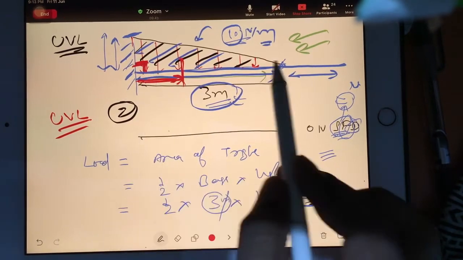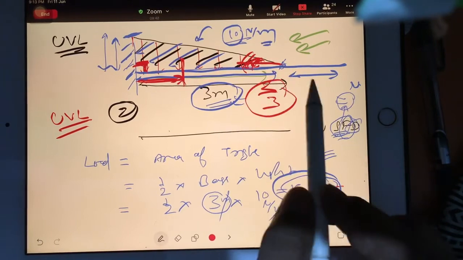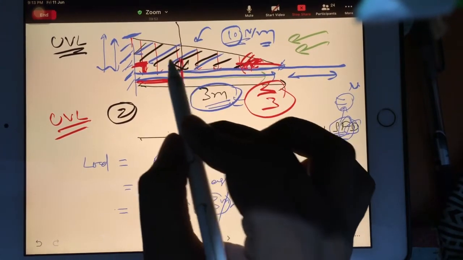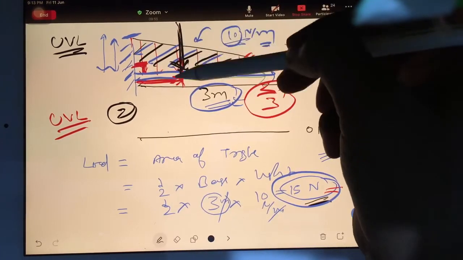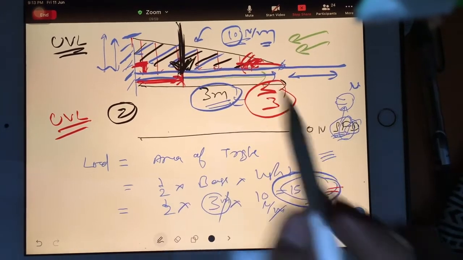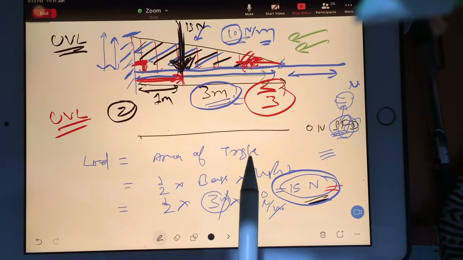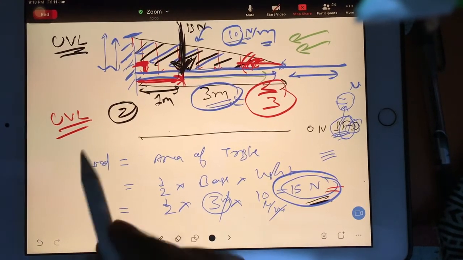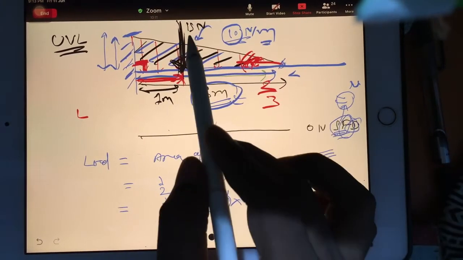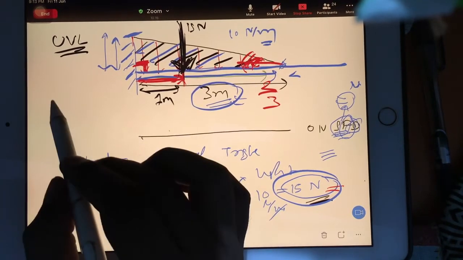From the 90-degree end you take 1/3, not from this angle. From this angle, it would be 2/3. Draw the location of the loading, put the loading as 15 Newton, and show 1 meter. Draw a neat and clean diagram; mine is somewhat messy because I am explaining. So you understood how to find the load and the location of the load.